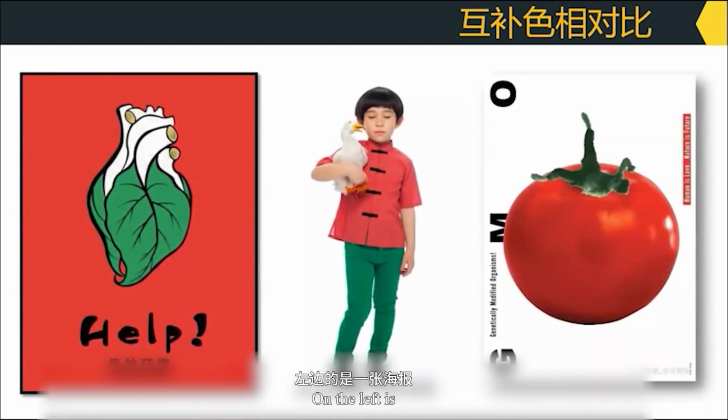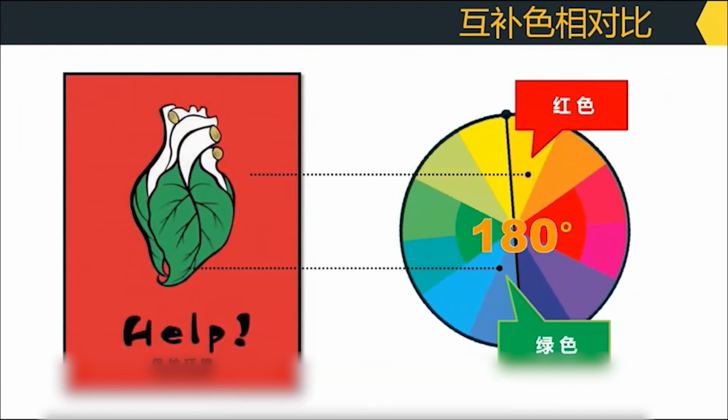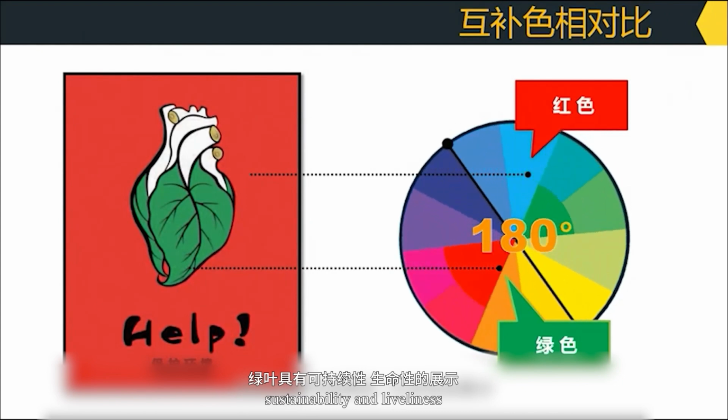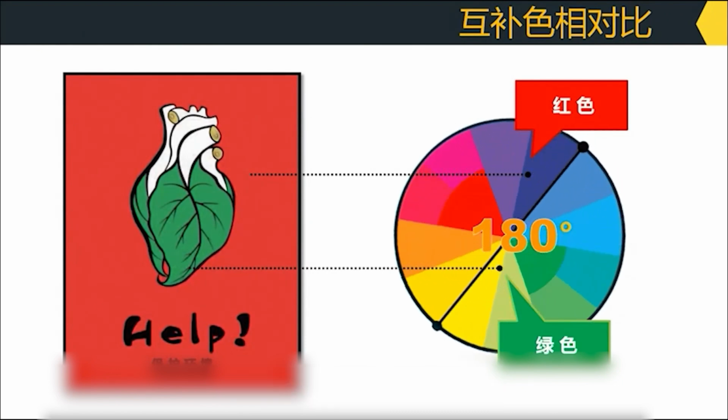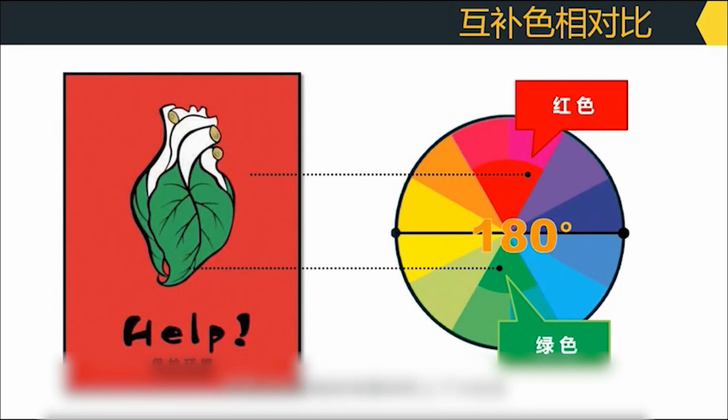On the left is a poster designed to highlight the heart shape. The heart shape is represented by green leaves that symbolize hope, sustainability, and liveliness. However, the background of this poster is in bright red.